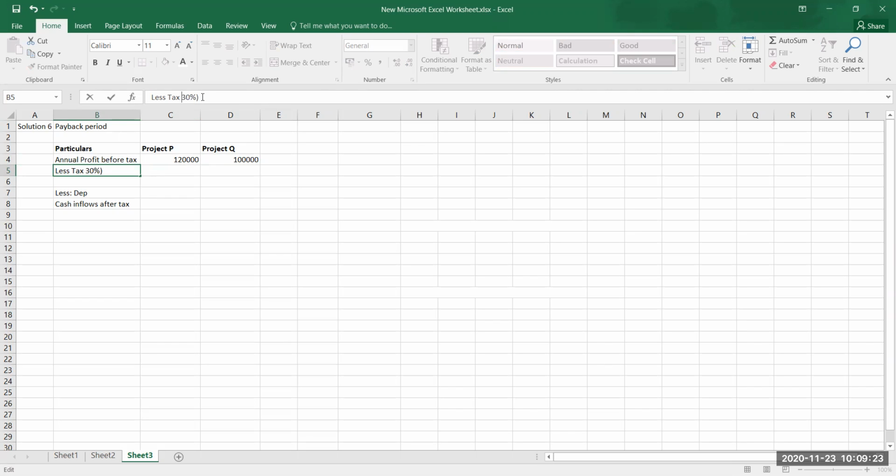Now when you deduct tax, tax is always calculated on the earnings. So if you calculate tax on rupees 1,20,000, you will get 36,000. Then on 1 lakh, you will get 30,000. So if you deduct 36,000 from 1,20,000, you will get 84,000 as your annual profit.